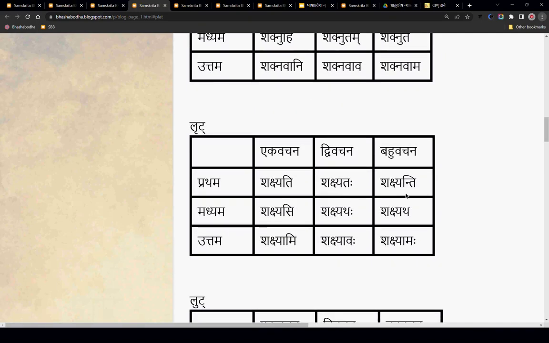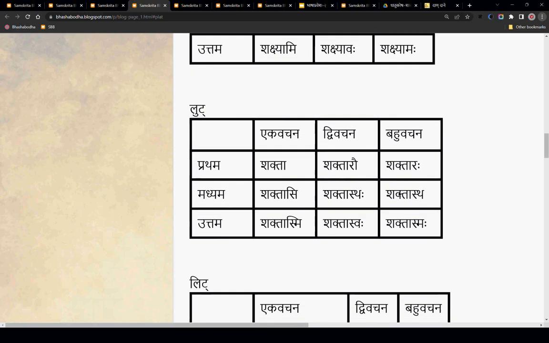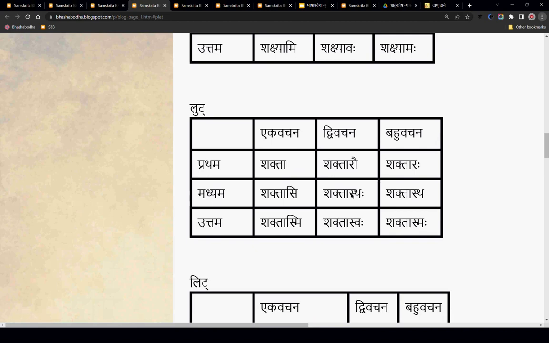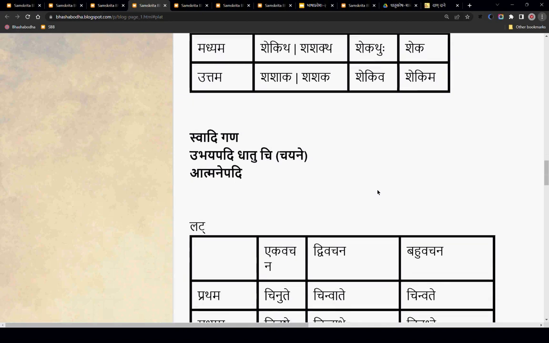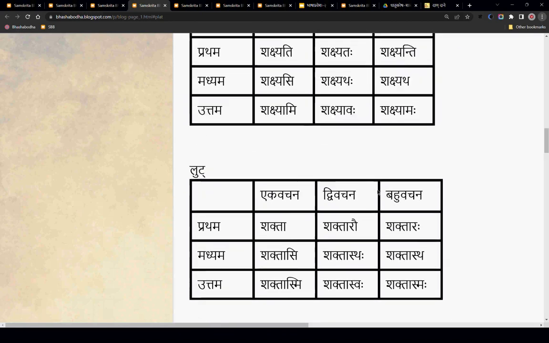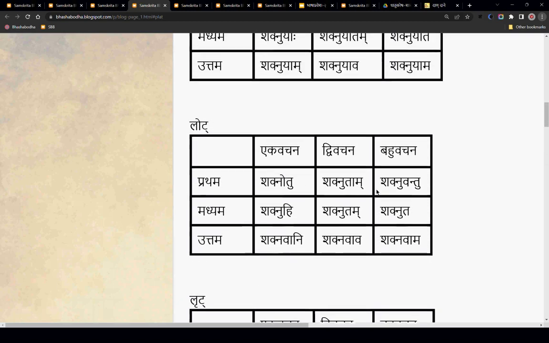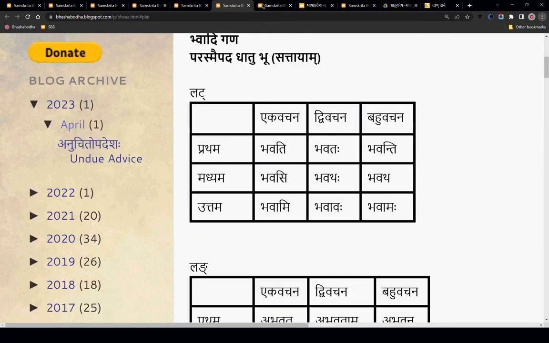Shakshyati, shakshyatah, shakshyanti. There is no nu, no. Lut, you see, there is no no. Shaktaa, shaktaarau. Lit, there is no no. Okay, so other lakaras are not shown here, but you get the idea. If you look at even Atmanepadi also, here this is a Bhvadi gana, so not very clear.